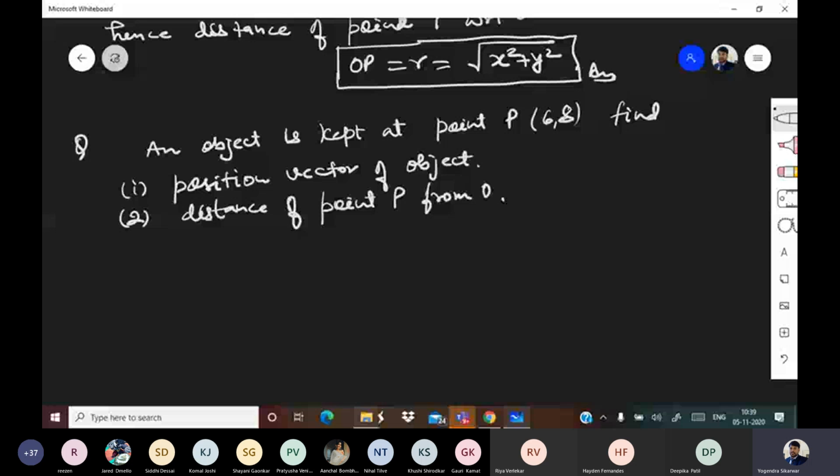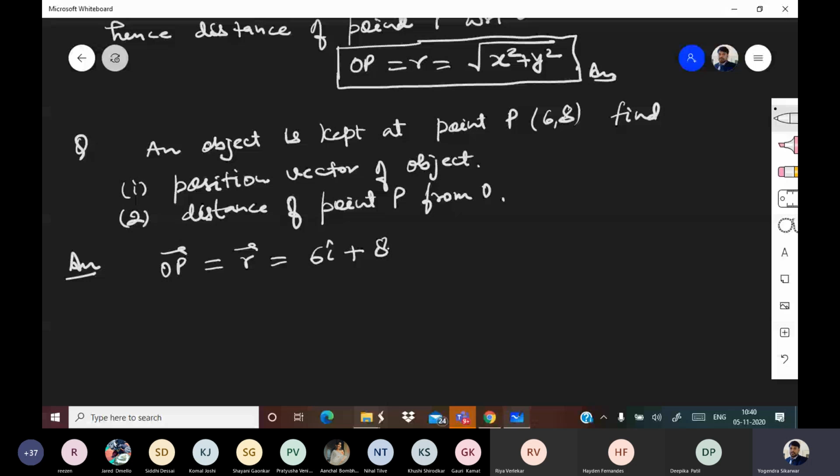Reminding, but still, smart people are those who learn from just a little bit of a hint. Okay, everyone, please pay attention. So the OP vector, the R vector, is equal to 6i cap plus 8j cap. So this is your vector form.